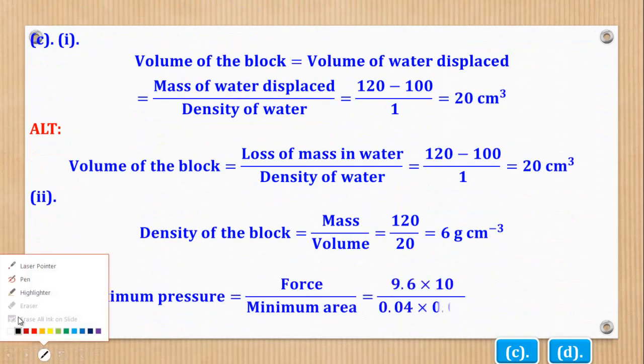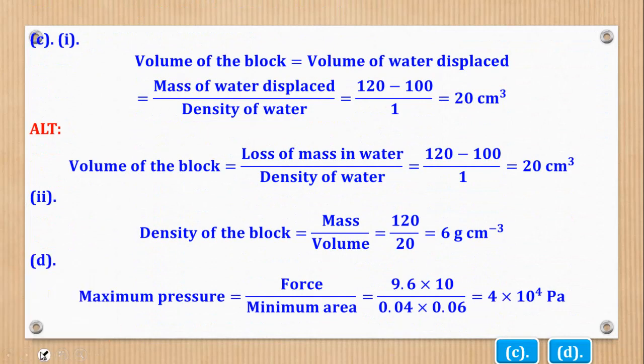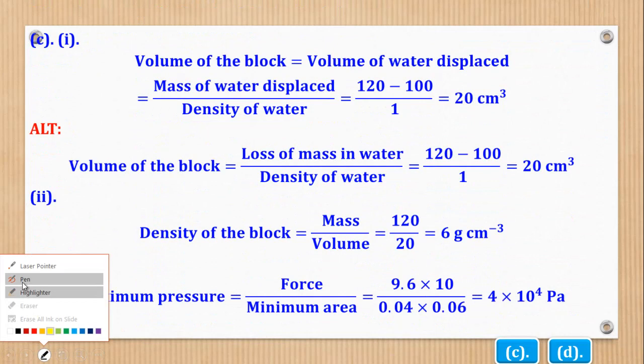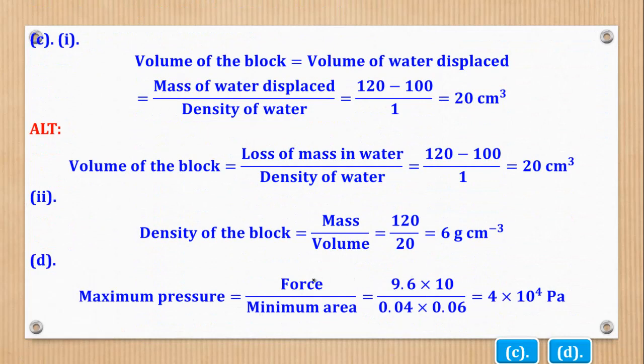So maximum pressure will be equal to force over minimum area. Force is mass times acceleration due to gravity. Remember, from Newton's second law, F is equal to ma, so mass times acceleration due to gravity, which is the weight.